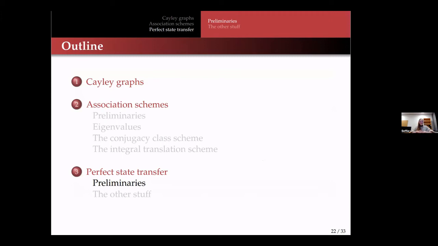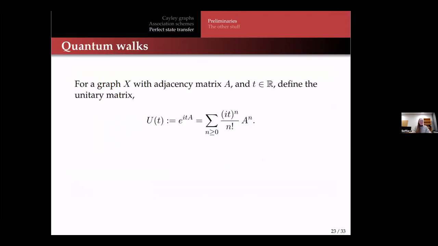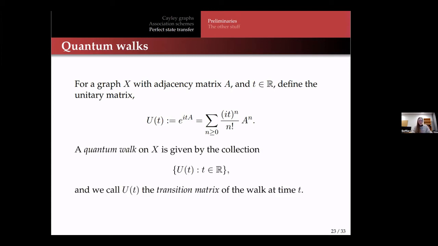Okay, so let's quickly talk about perfect state transfer. Like I said before, I'm not going to give a motivation or anything here. I'm going to go very quickly through the preliminaries. So we have a graph X with adjacency matrix A, and we define this matrix U of T for a real number T by e to the power of ITA.